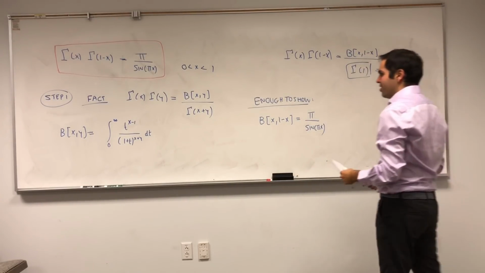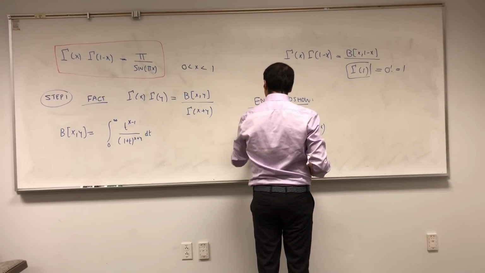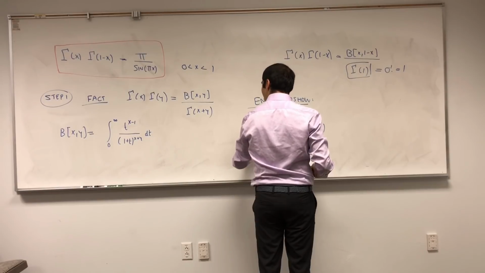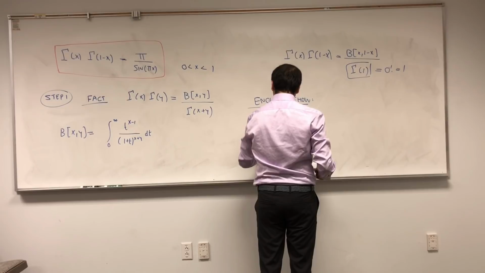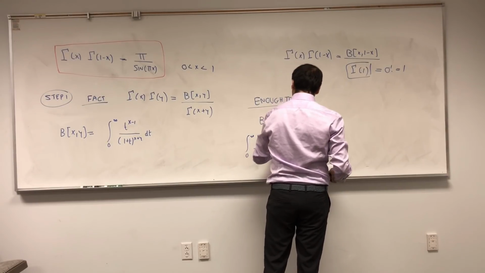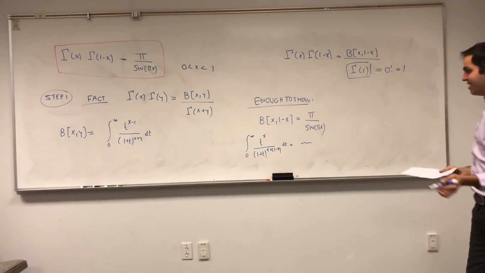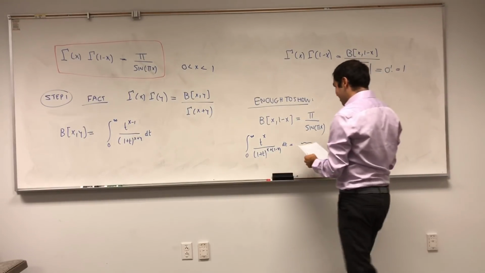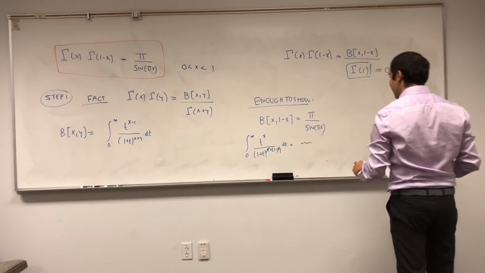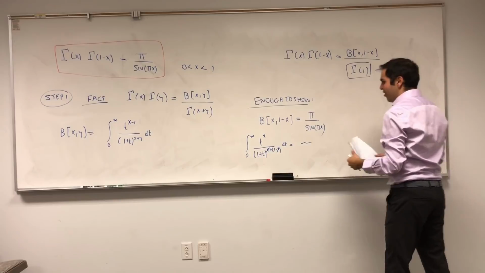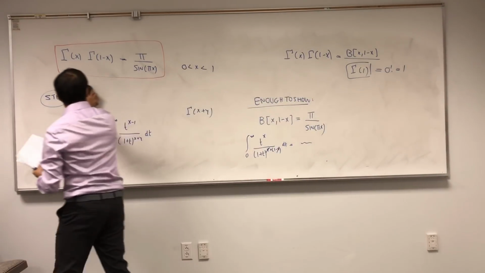In other words, we have to show that the integral from 0 to infinity of t to the x minus 1 over (1 plus t) to the x plus 1 minus x dt is equal to this thing. But the integral simplifies nicely because the x's cancel out. Let me write this in a new part here.